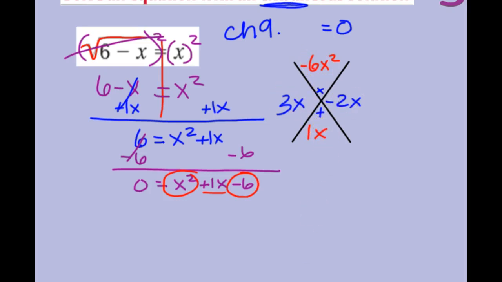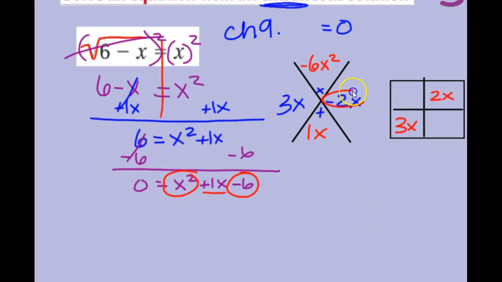So from here we would do our box. And we have 3x and negative 2x. Those were our two sides that we just figured out. And our first term comes from the first term in this equation over here, x squared.